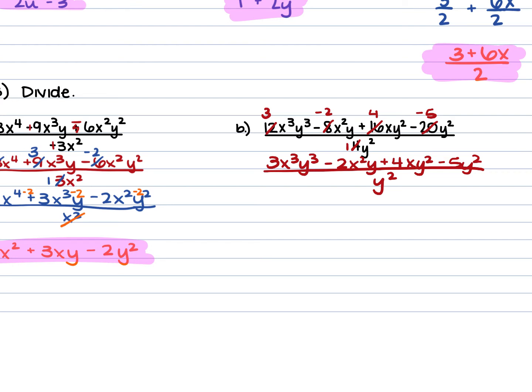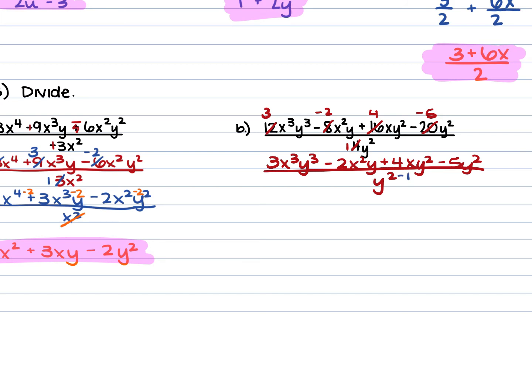Now, you still have a y squared in your denominator. So ask yourself, do you at least have a y squared in every single one of those terms in the numerator? If you don't, you cannot subtract 2 from all of the exponents on the y in the numerator. So if you look, you have a y cubed, you have a y. That y is not y squared or greater. So the only thing that you're able to factor out between all of these is a y.